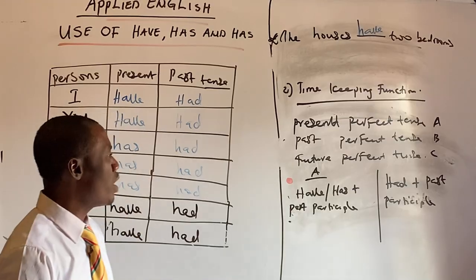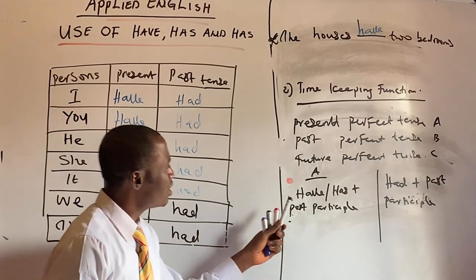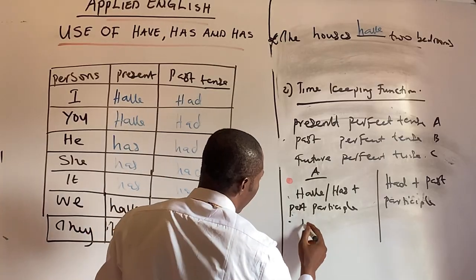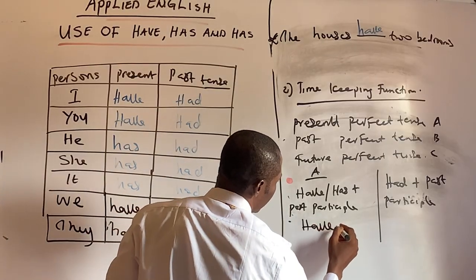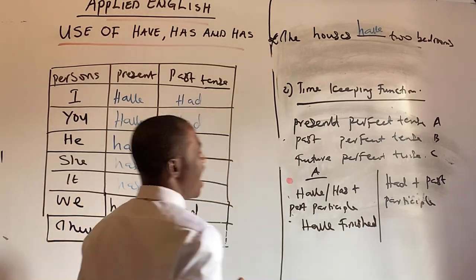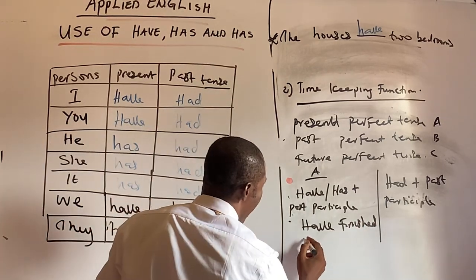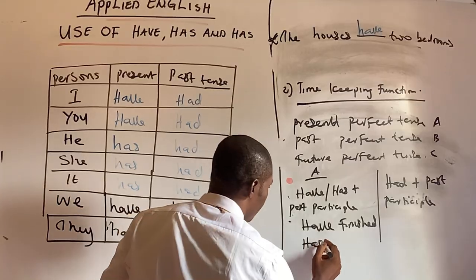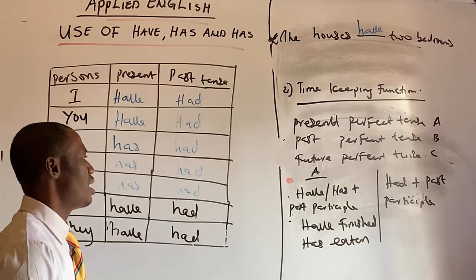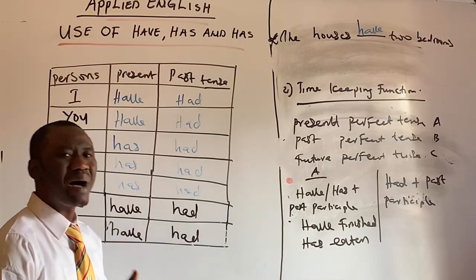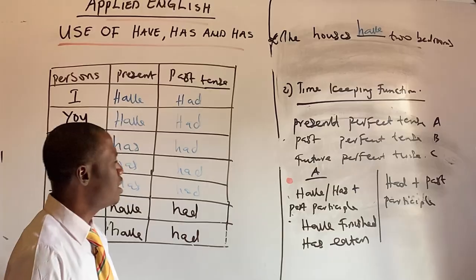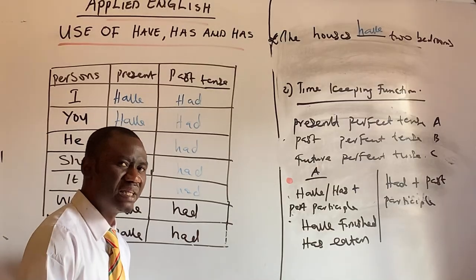Let's give you one example. For the present perfect tense, we can have words like have finished, has eaten, has finished. This is a present perfect tense. Has eaten. This is a present perfect tense.